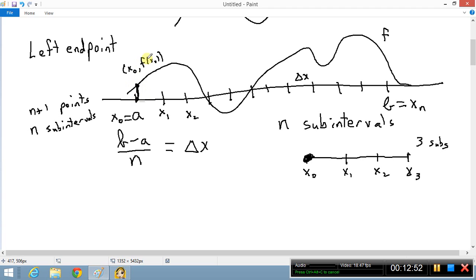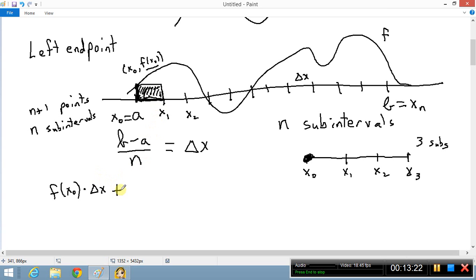I'm going to take that y value, which is f of x sub 0, and multiply it by delta x. And delta x, of course, is this distance right here. Now when I multiply this y value by this delta x, it's like taking the area of that rectangle, because it's length times width. So that's exactly what I'm getting, the area of that rectangle.